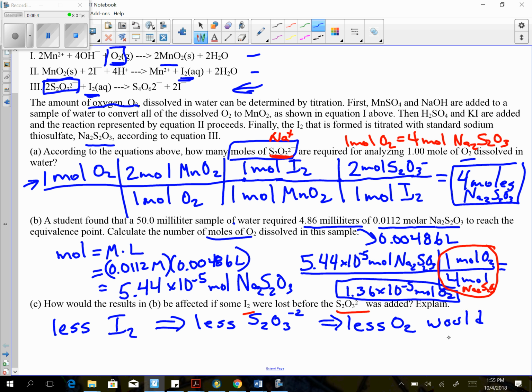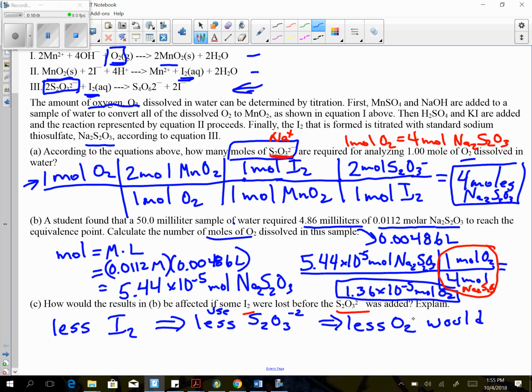You don't have to write a paragraph. You can do bullet points. So I'm just saying that if you had less I2, then you would use, maybe I should add the word use, less thiosulfate. And if you use less thiosulfate, you would think that you had less O2 in your sample.